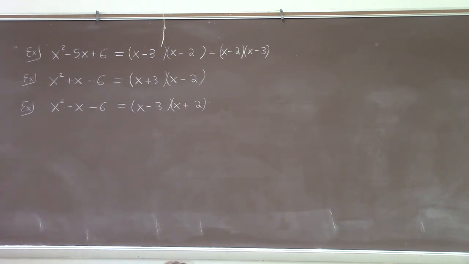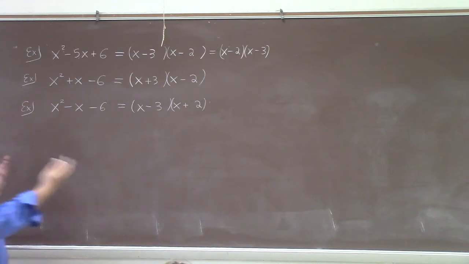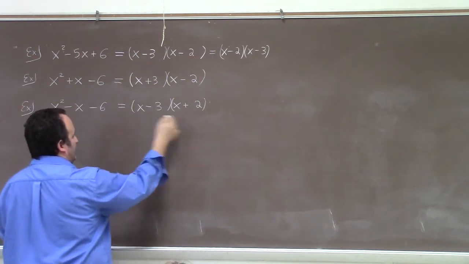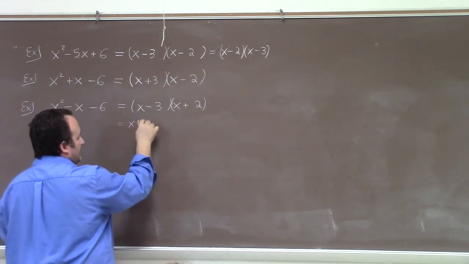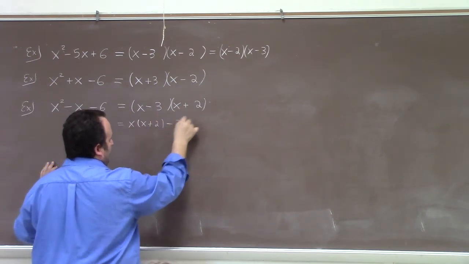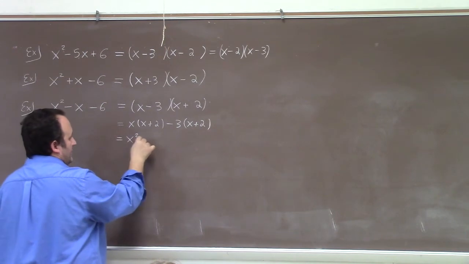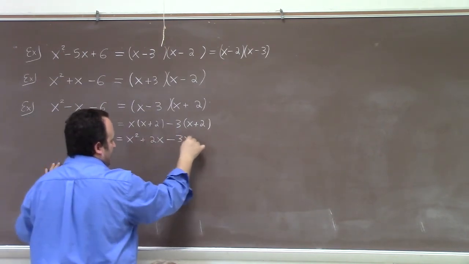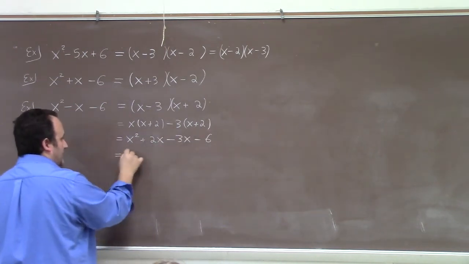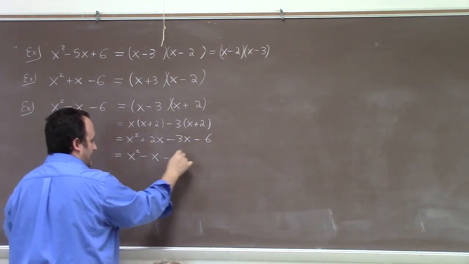Because now we get, and again, I haven't been writing this out, but just to double check, that's x times x plus 2, minus 3 times x plus 2, which is x squared plus 2x minus 3x minus 6, which is x squared minus x minus 6, right?